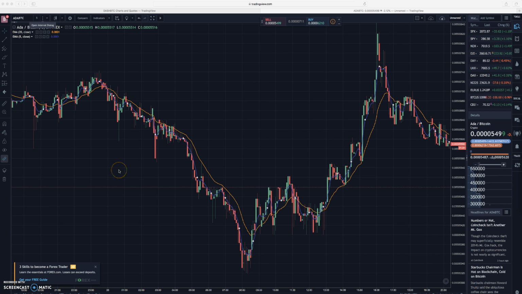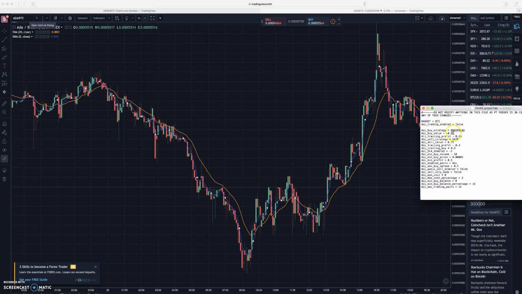What that is telling you is that this slow EMA line here is basically going to calculate the difference between these lines. And when it meets that criteria, it starts to trail. And when it meets the first criteria of negative 0.6, it will start to trail this crypto. Once this crypto rebounds by 0.25, your bot will buy it. As simple as it gets.